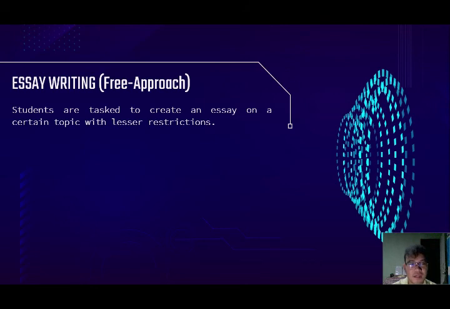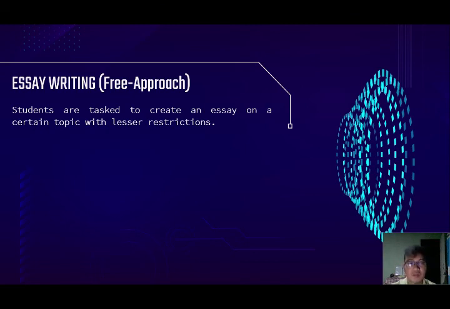Then finally, the essay writing. This is now the free approach. Students are tasked to create an essay on a certain topic with fewer restrictions. From this point, the teachers are the ones who know how far and how effective the students were able to understand the techniques and the rules of subject-verb agreement.